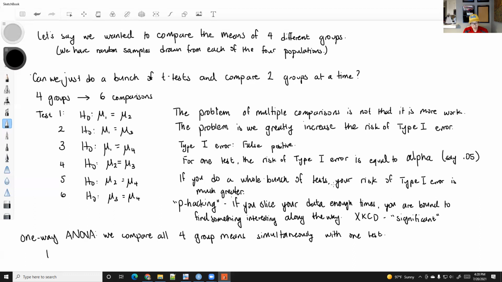Okay, and so your null hypothesis will look something like this: that the mean of group 1 is equal to the mean of group 2, and that's equal to the mean of group 3 equal to the mean of group 4. And then the alternative is at least one mean is different.